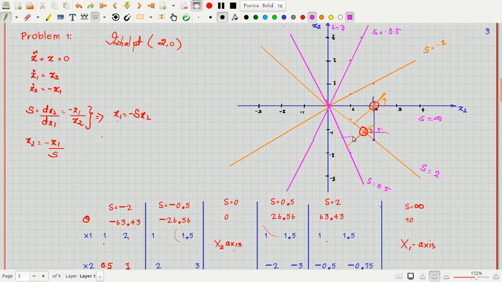This is some 26.56 degrees. So this angle is 26.56 degrees. This angle is 63.43 degrees.